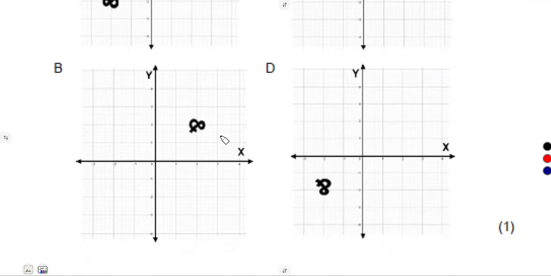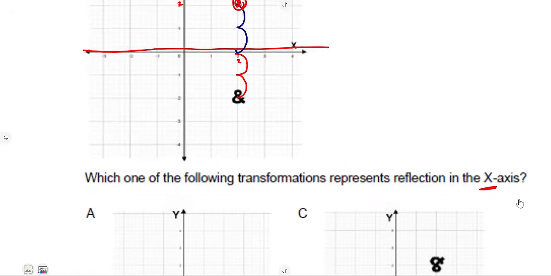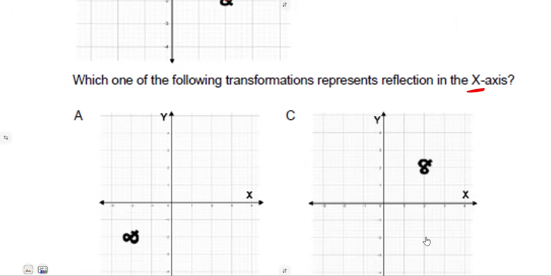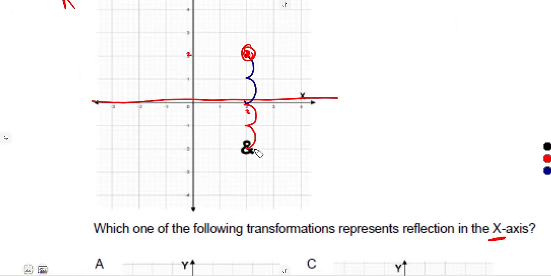So this one, the way that it is here, they interchanged the sign, the way that it is not supposed to change. The sign is supposed to remain the same. Even here, the way you see that, that is the one, because in a reflection, this one will go up.